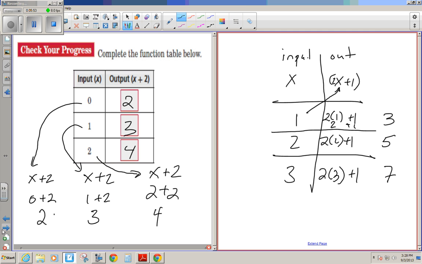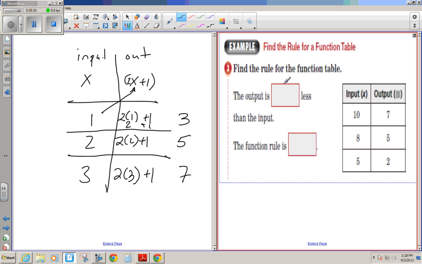That is your pattern. So let's talk about patterns here. Finding the rule for a function table. The outputs here are how many less each time? The output is 3 less than the input each time. Between here, that's 3. Between here, that's 3.